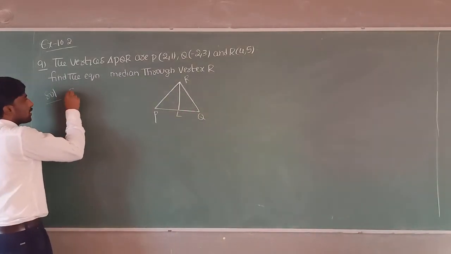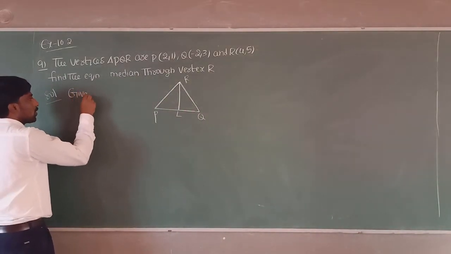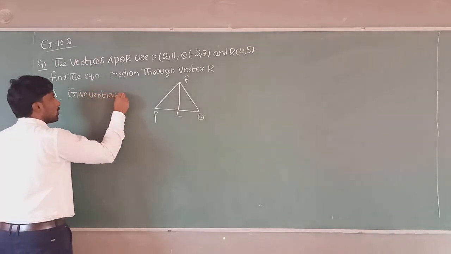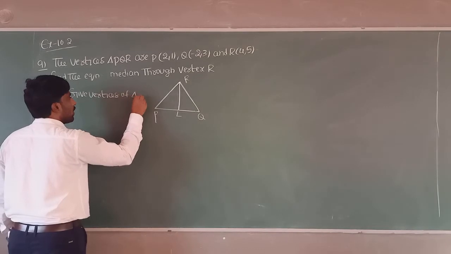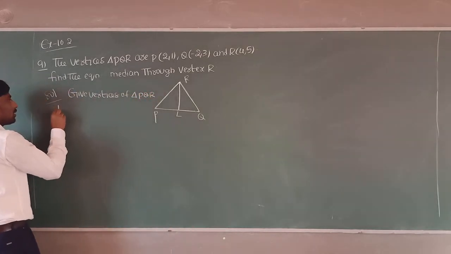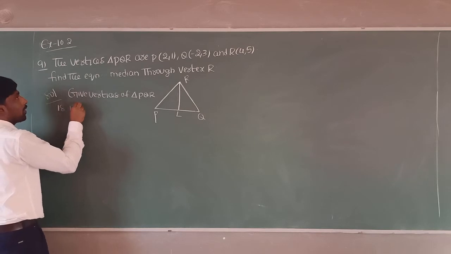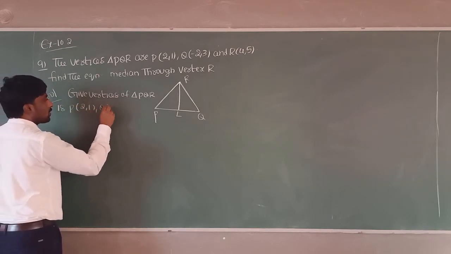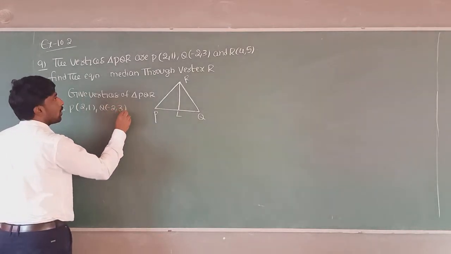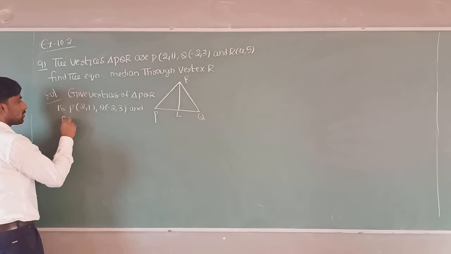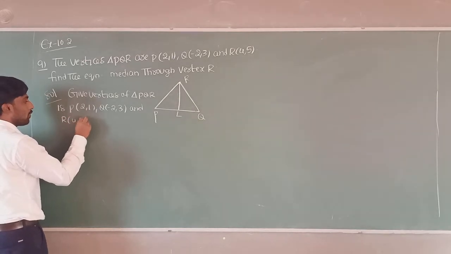Given the vertices of triangle PQR: P point is 2, 1, Q point is minus 2, 3, and R point is 4, 5.